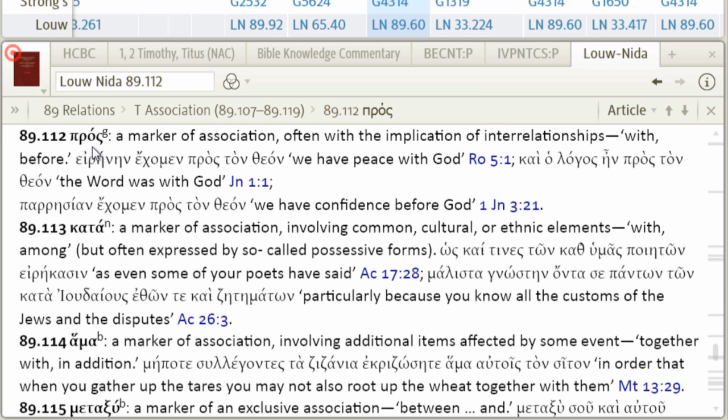Now notice that this same preposition, pros, when in relationship with another word that is actually a personal or relational agent, the function of the preposition changes to a marker of association that can be translated, instead of words like for, with or before, as in we have peace with God, or the Word was with God. So that gives you an idea as to how prepositions can have a range of meanings.